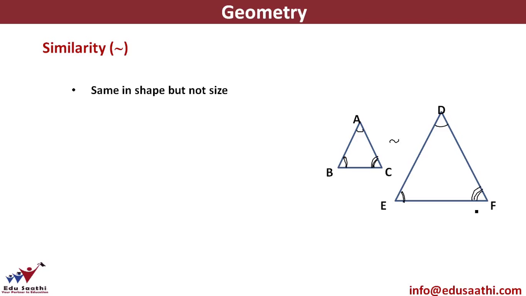If the two triangles are similar, their sides are proportional, and the ratio of the corresponding sides can be taken as equal.